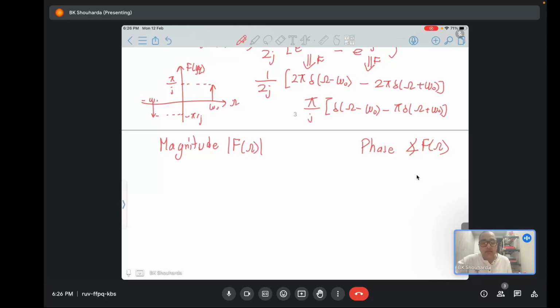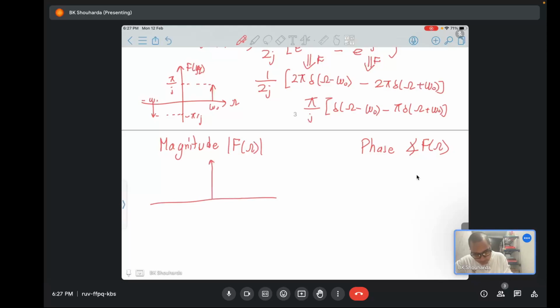You could have shown a real part and imaginary part, but that does not make too much sense in real life. What we actually care about is the magnitude and the phase, because that gives a better picture of the signal. So what will the magnitude be?